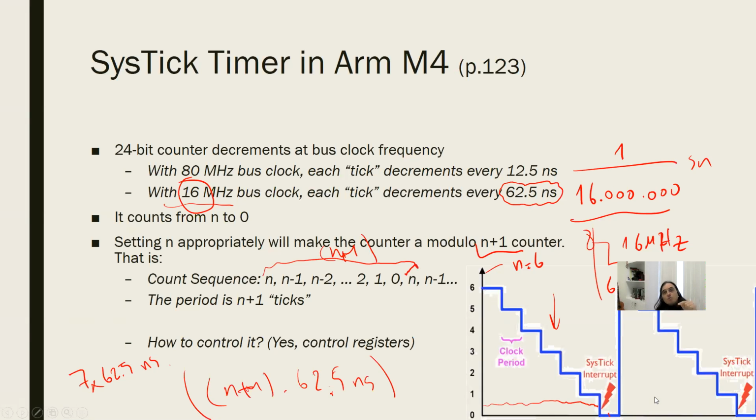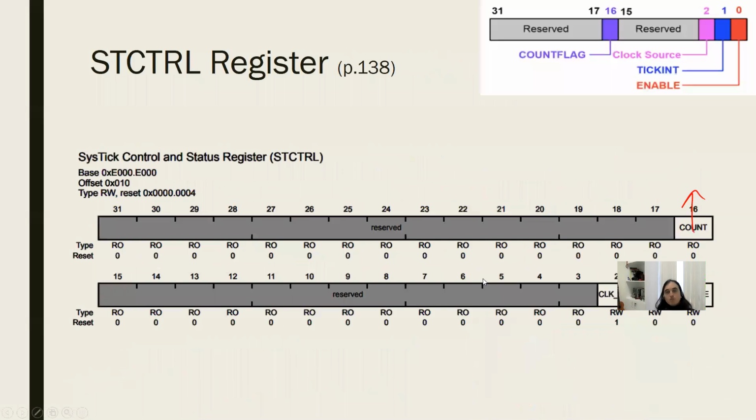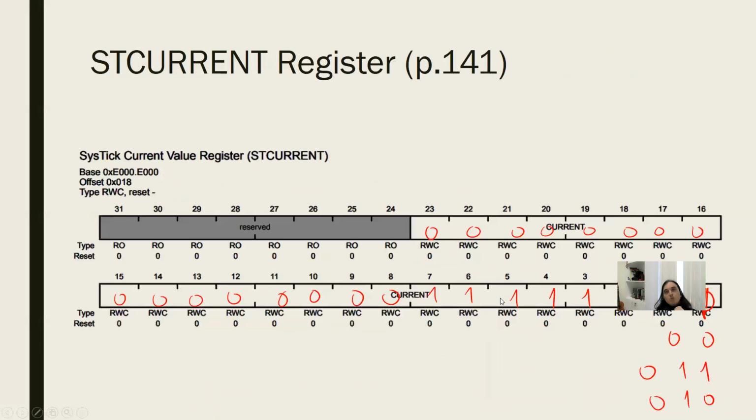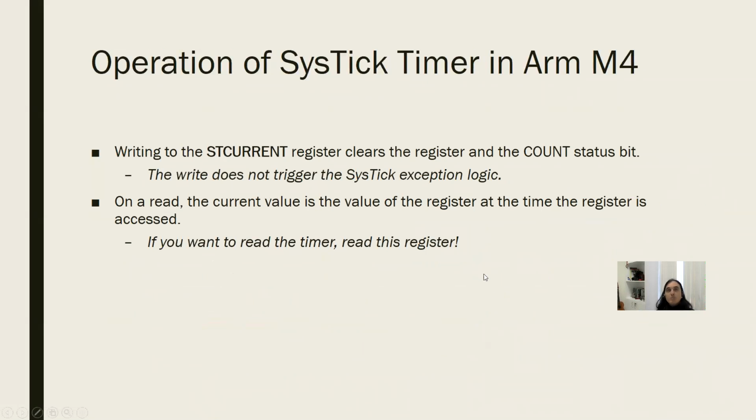If you try to write something to it, it is write-aware. It will be aware of the fact that you are trying to write this. This is the current register. If you try to write it, it won't allow you to write it. But it will take it as a message. Which message? Writing to STCURRENT clears the register.